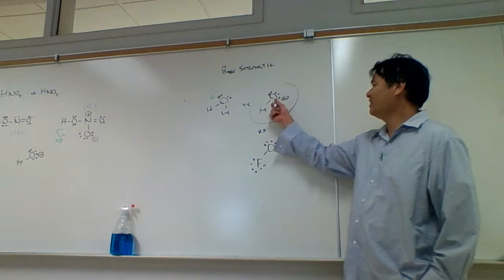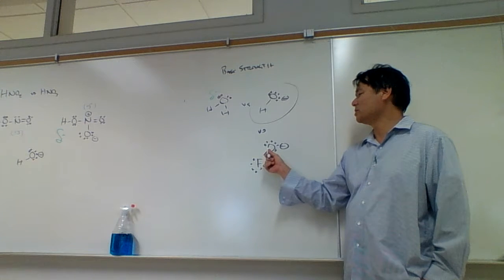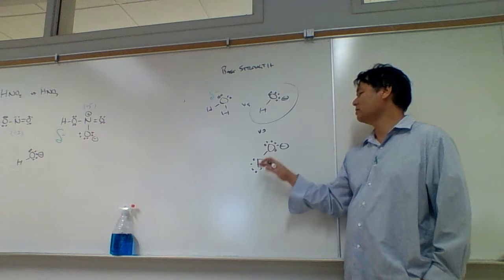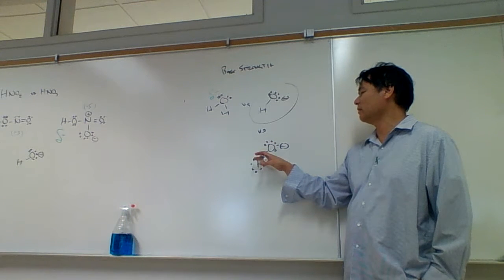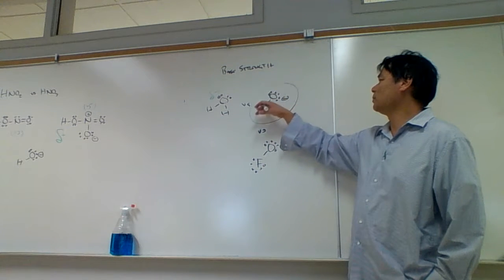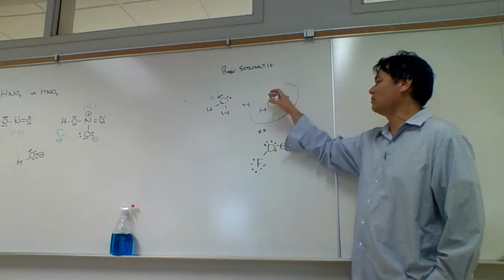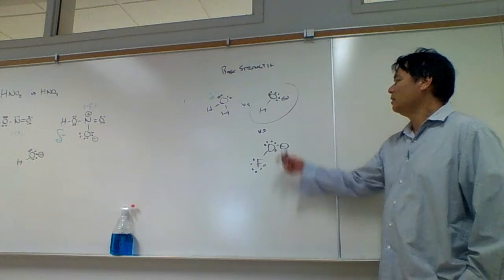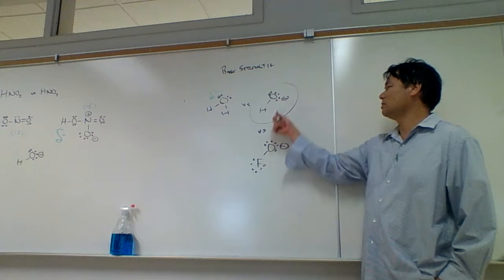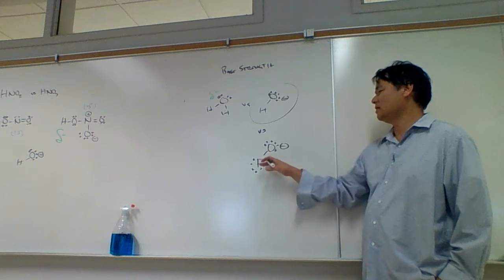And so what's going to happen is that fluorine, because of its very high electronegativity, is going to pull the electron cloud from oxygen, which is going to lessen the negative charge here. So as electron density is being pulled towards fluorine, it's going to be concentrated less on oxygen. Whereas here, oxygen is more electronegative, so it's pulling the electron cloud towards it, which is concentrating even more negative charge density on the oxygen. And so it turns out the degree of negative charge is more here than here.